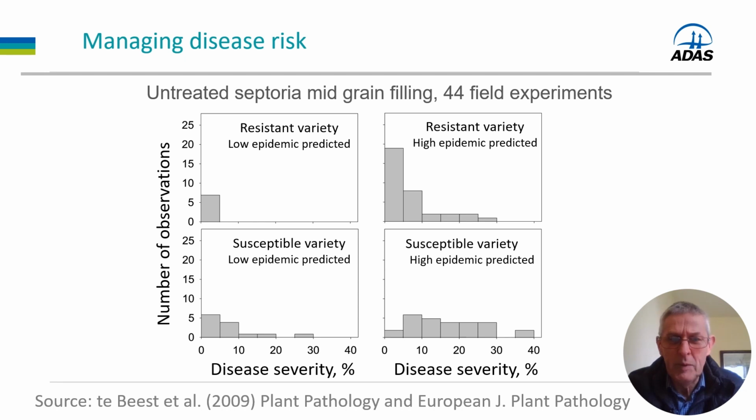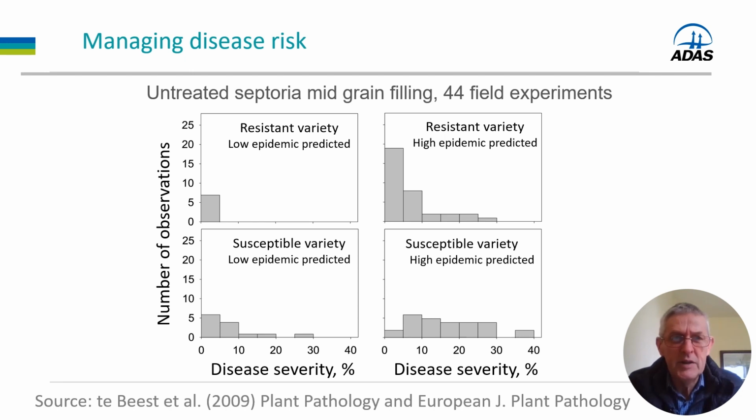Whereas on the susceptible variety, the prediction was more difficult. So again, there was a preponderance of where we predicted low epidemics, that epidemics were in fact low, but also a few examples of those false negative cases where we predicted a low epidemic, but in fact it turned out to be damaging. So what we can see from this is that disease resistance in varieties is not perfect.